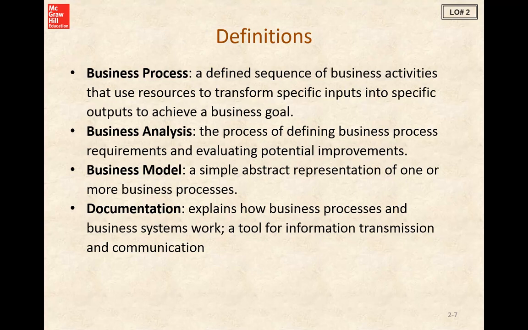Business analysis is the process of defining business process requirements and evaluating potential improvements. Then a business model is just a simple abstract representation of one or more business processes. And further documentation explains how that business process and business system works, and it's a tool for information transmission and communication.